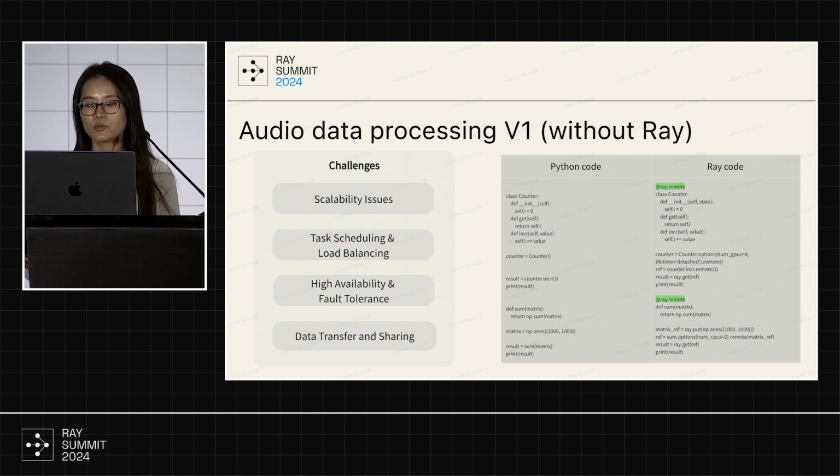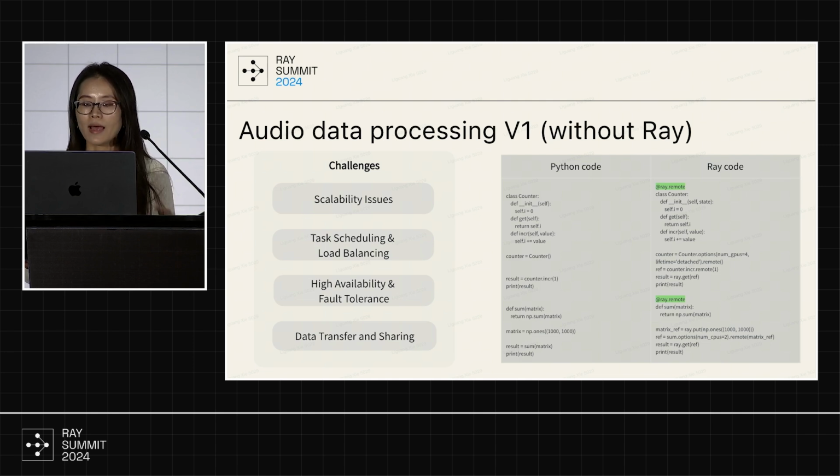The second issue is task scheduling and load balancing. The complexity of manually managed task allocation has increased, leading to unreasonable task distribution and affecting the execution efficiency of the project.